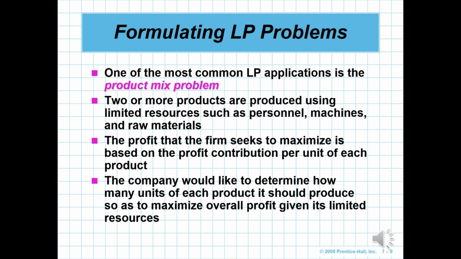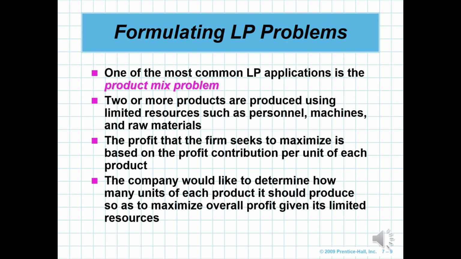The profit that the firm seeks to maximize is based on the profit contribution per unit of each product. So usually in a product mix problem, we try to maximize the profit of each product. The company would like to determine how many units of each product should be produced so as to maximize overall profit given its limited resources.